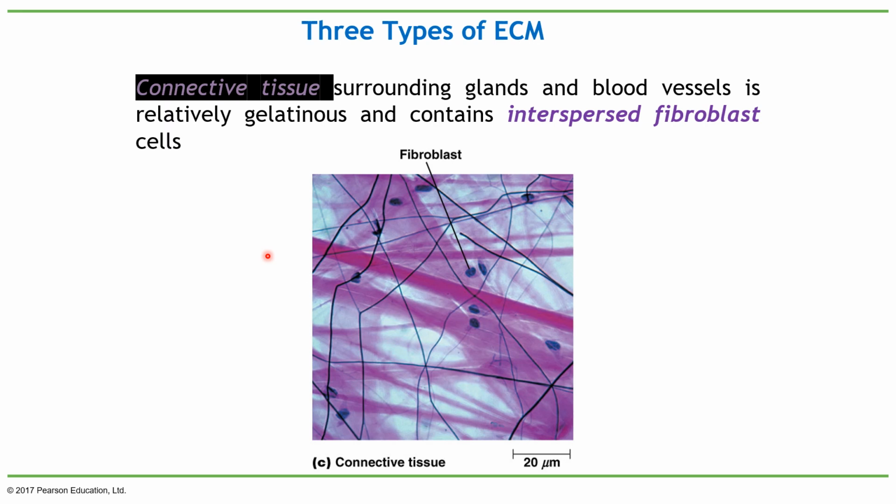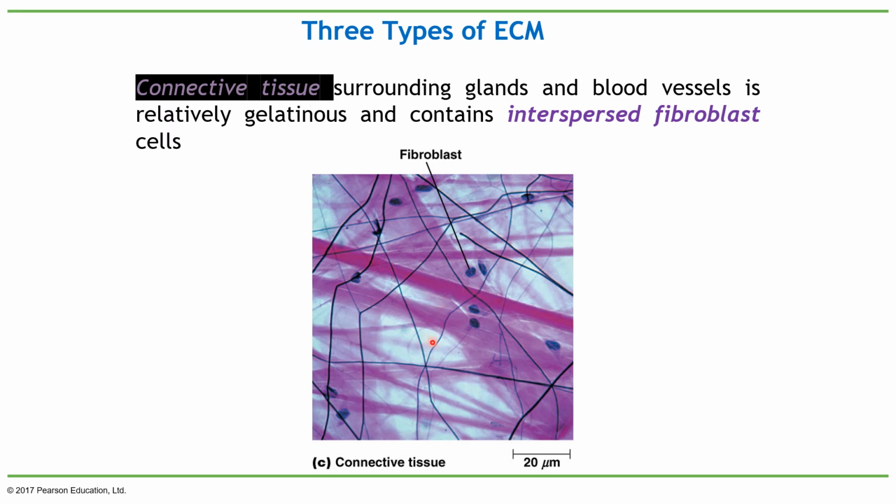The structure is slightly different, and it has interspaced fibroblast cells. Here you can see in this tissue all the different fibroblasts around their area. That is very important because, as you watched in the video, they secrete collagen, which is a support structure. Okay, so now let's move into the different types of molecules that are involved in the extracellular matrix.